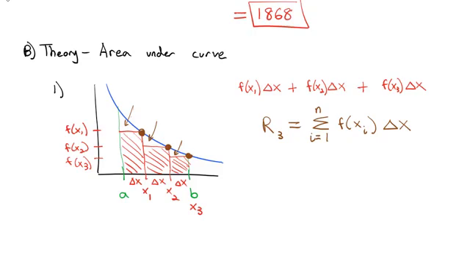And we can kind of expand this to come up with our general formula that we can break into any number of rectangles. We split into 3 last time, I went from 1 to 3. We can split into any number of rectangles as I goes from 1 to n of f of x sub i times delta x.